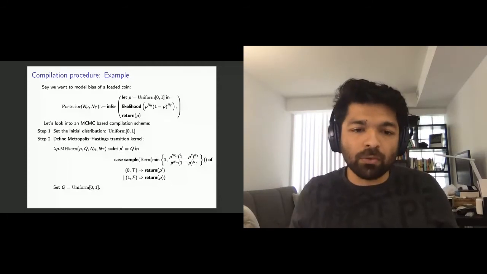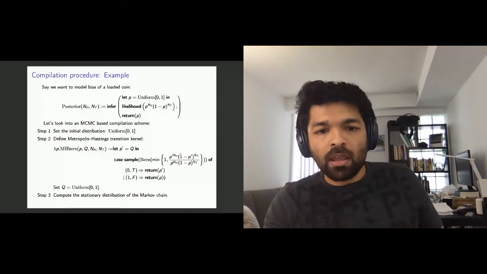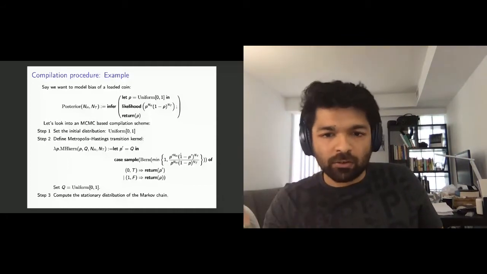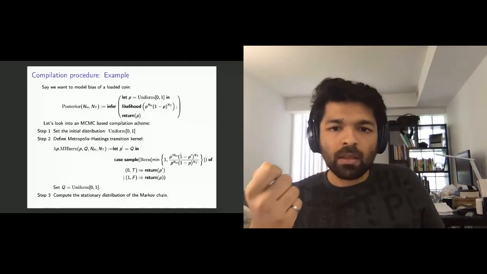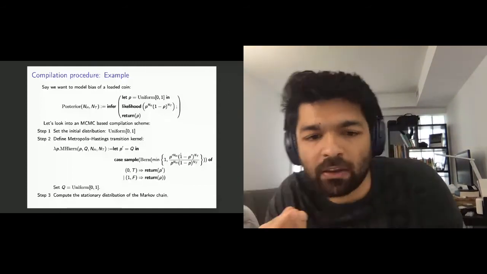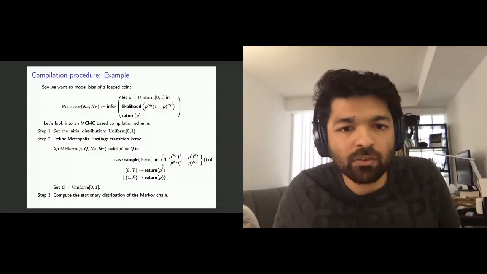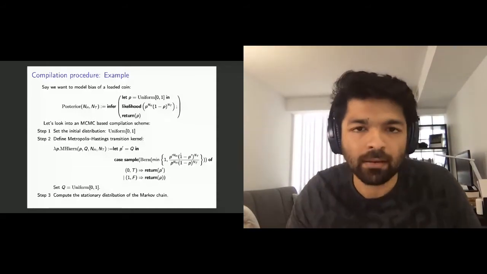Once we have a definition of this Markov chain, we want to compute the stationary distribution of this Markov chain. Currently our language lacks this computational abstraction of computing the stationary distribution. So let's just add it to the language.